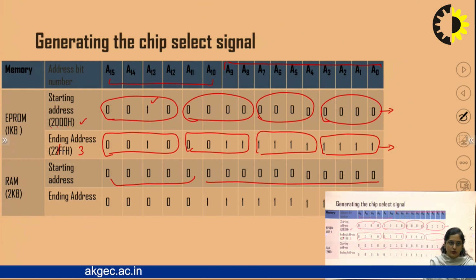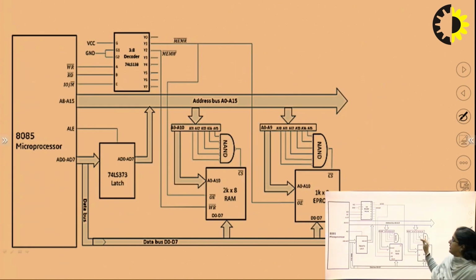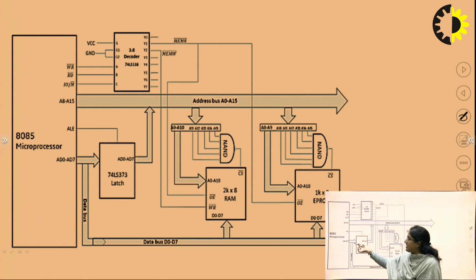We can choose any of these combinations. But in the previous case, it expects that the first will be 20 and the next will be 23. So from this, we will find the address and then connect the NAND gate accordingly. So the remaining circuit is the same.